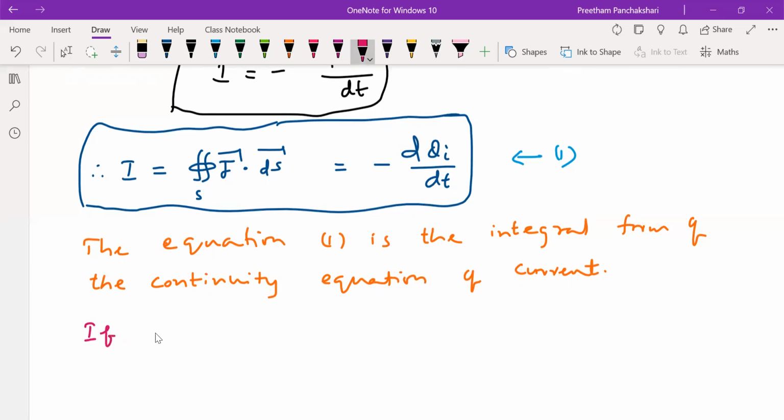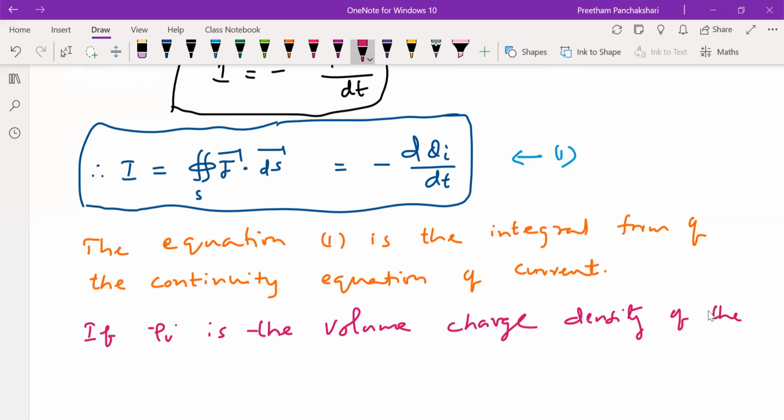Let us proceed in this way. rho v is the volume charge density of the charge within the closed surface.